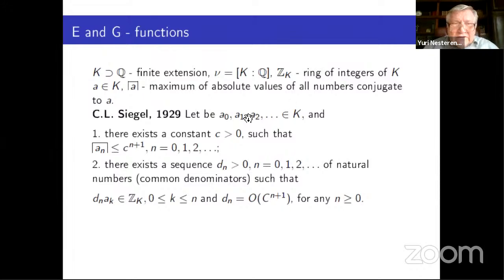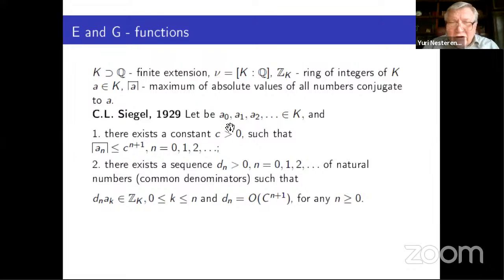In 1929, Siegel introduced two classes of functions, E and G functions. They have some common prerequisites in their definition, so I start with the prerequisites and after that the definition.